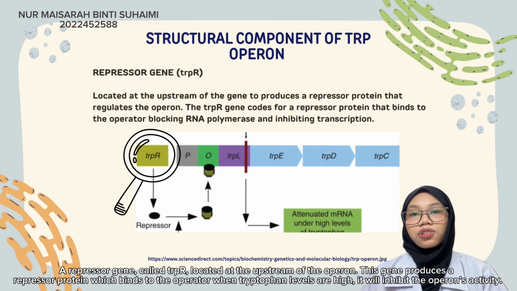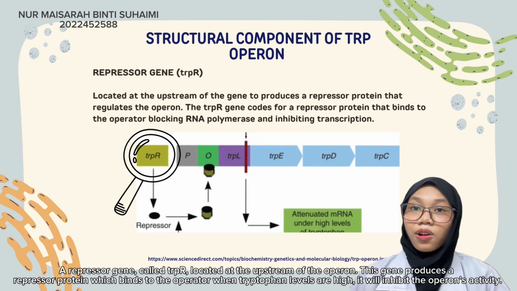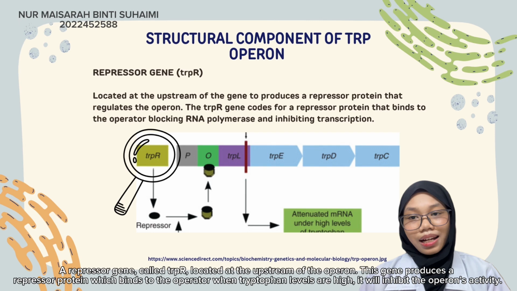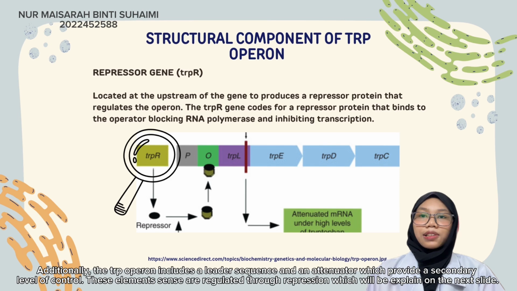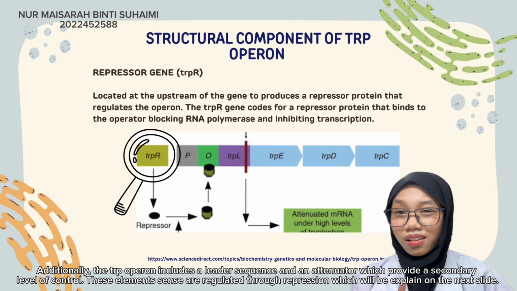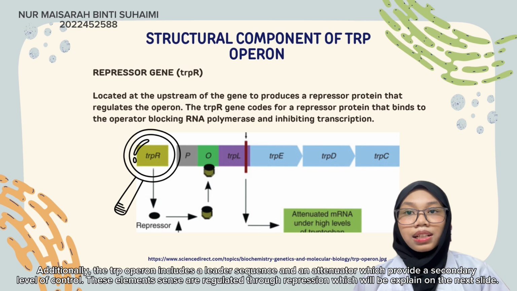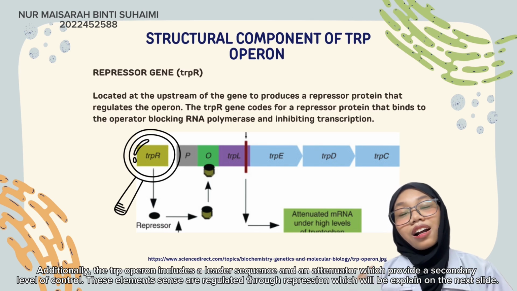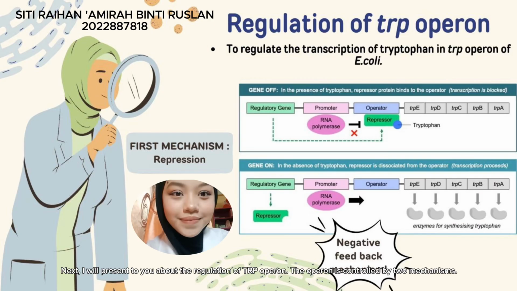This gene produces a repressor protein which binds to the operator when tryptophan levels are high, which leads to inhibition of the operon's activity. Additionally, the TRP operon includes a leader sequence and an attenuator, which provide a secondary level of control. These elements are regulated through repression, which will be explained on the next slide.